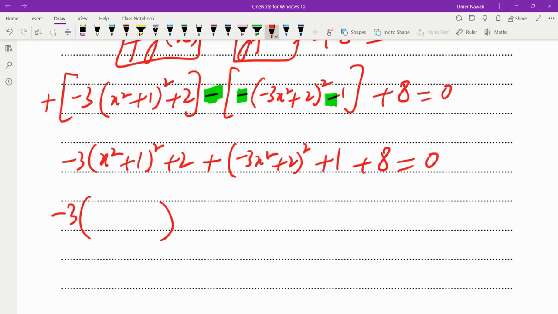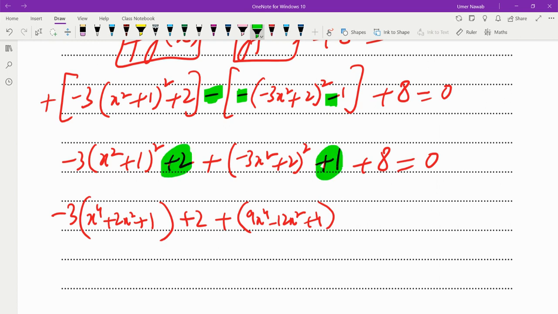This will give us, after simplification, x power 4 plus 2x squared plus 1, and this is plus 2, plus, when I expand it guys, I'm gonna get 9x to the 4 minus 12x squared plus 4, and as you know guys, this is 8 plus 1 plus 2. 8 plus 1 plus 2 will give you what?